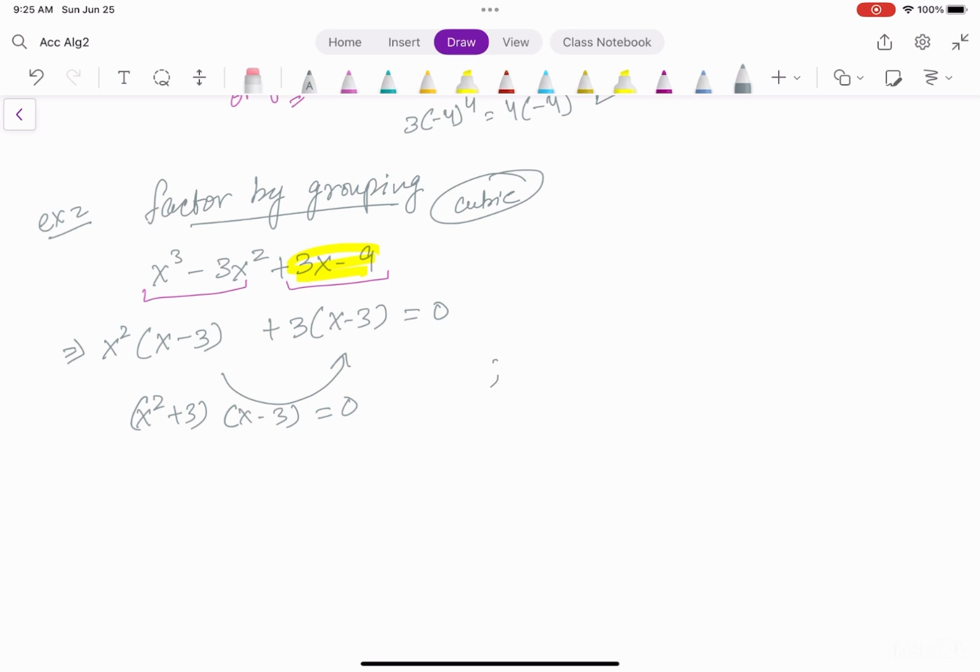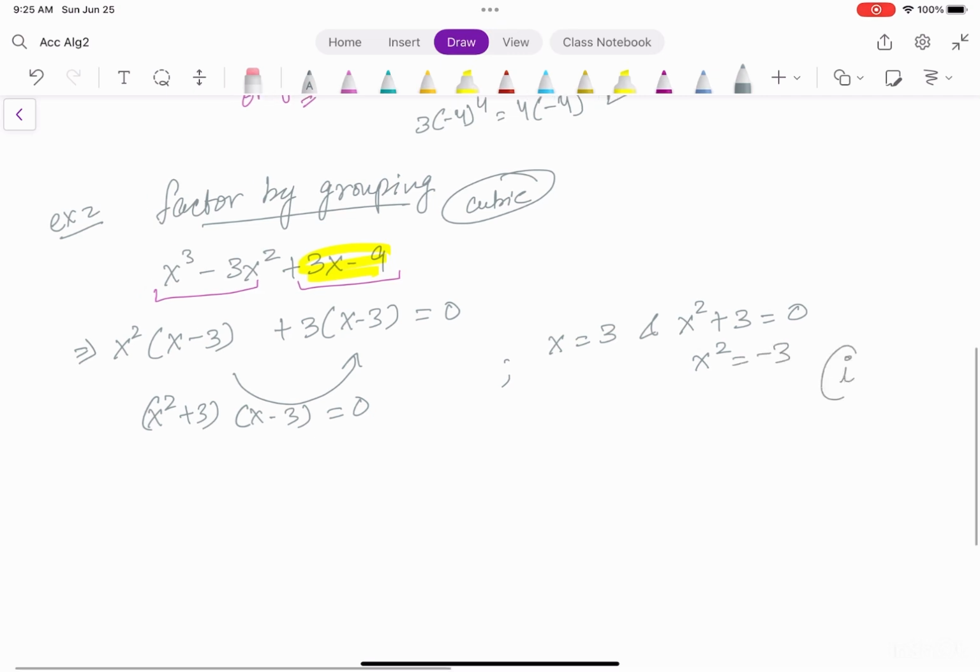At this point, you will find the roots for x, or the solution for x. So the real number will be 3, but for x squared plus 3, we will not get a real number because it is a negative number. And whenever negative is involved, we are talking about imaginary, which is i.